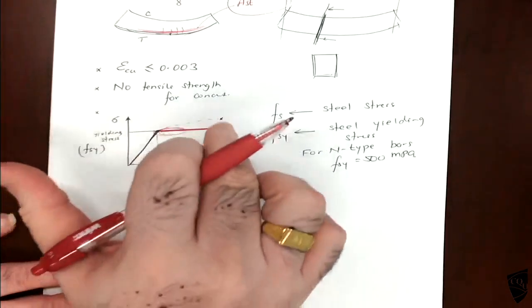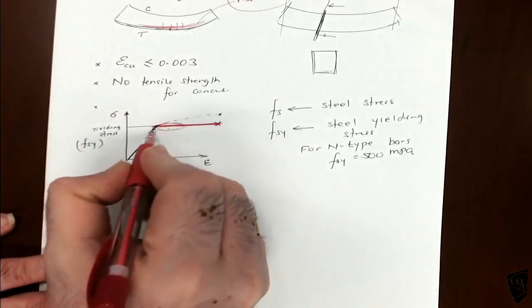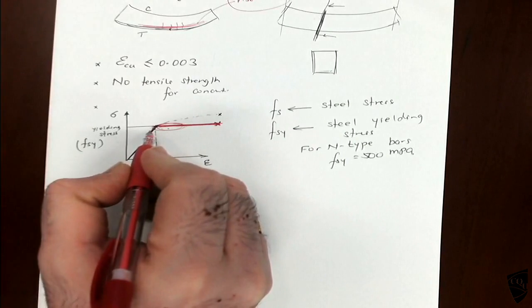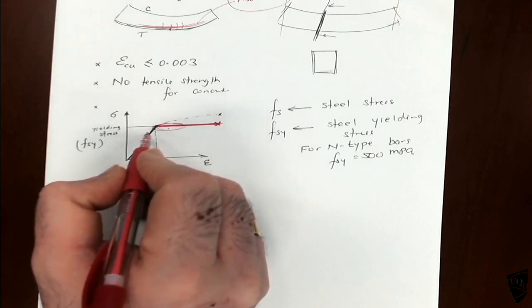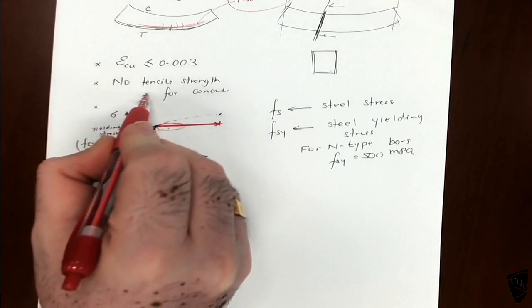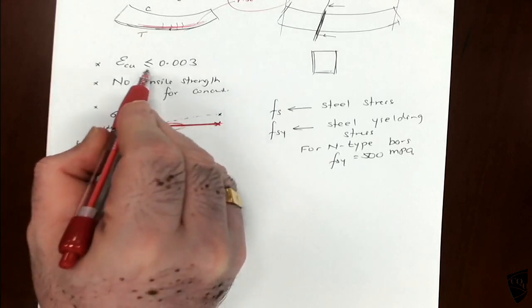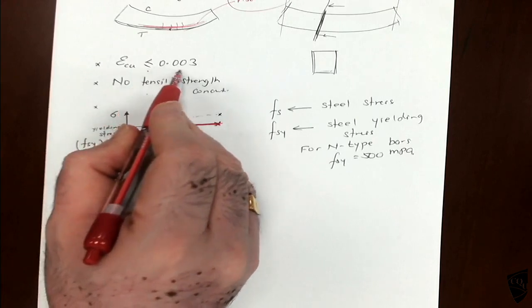Okay, not here. So the third assumption is steel in the ultimate case. Remember, this is the ultimate case. Very large extreme load, 1.2 G plus 1.5 Q. So under the extreme loadings, we assume no tensile strength, and concrete strain cannot exceed 0.003. If it exceeds, it will fail in compression.